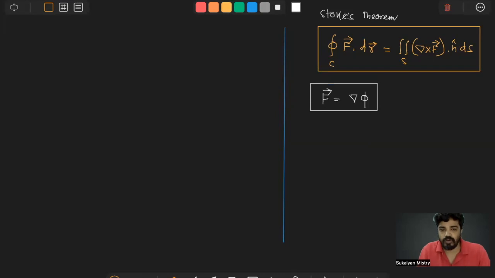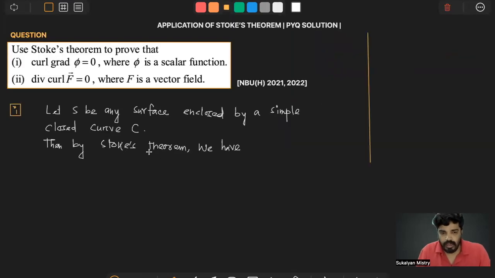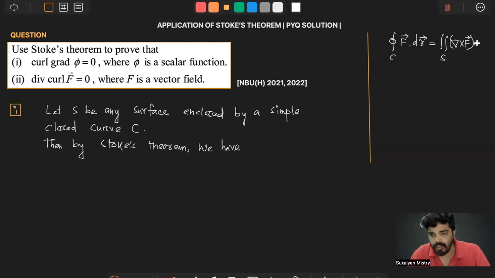So what we get? দেখো Stokes theoremটা কি? That is integration over C f dot dr is equal to double integration over S curl f, that is del cross f dot n ds.